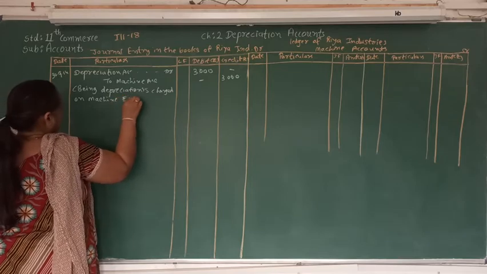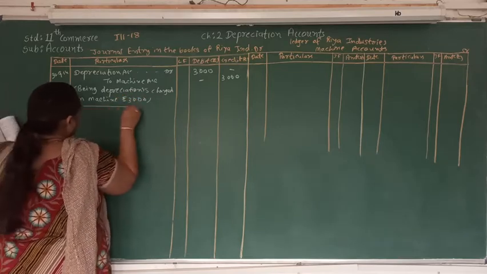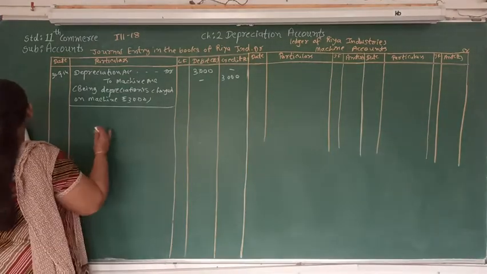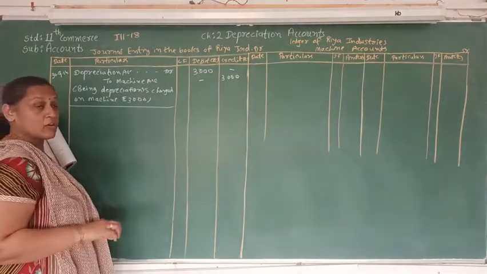Rupees 3,000. Then the second journal entry that we are going to pass will be for the selling of the machine.